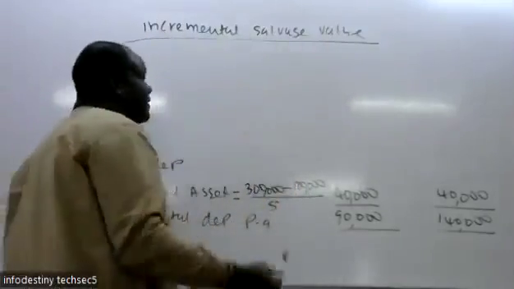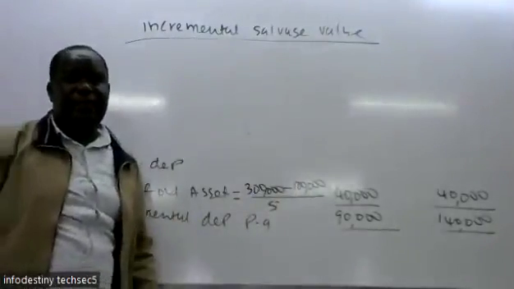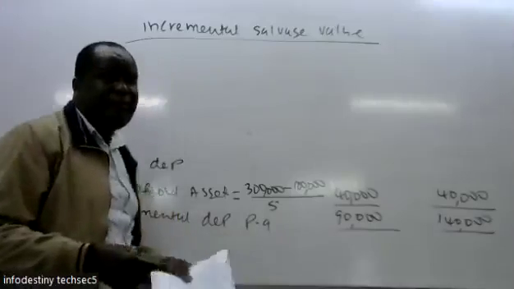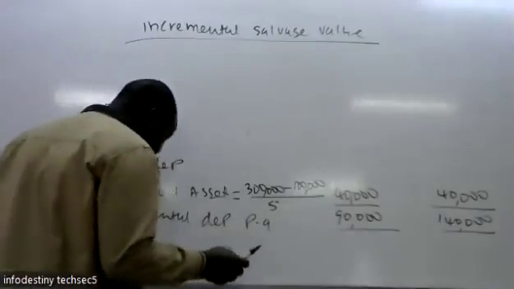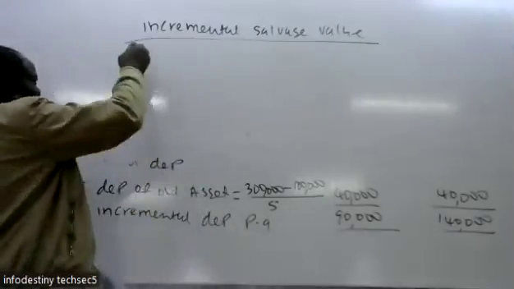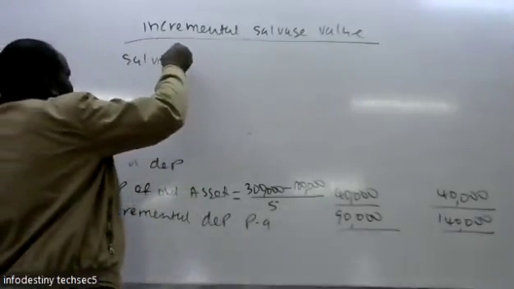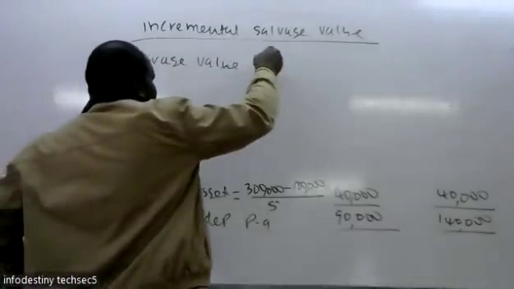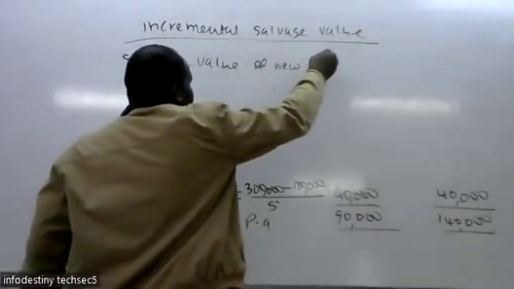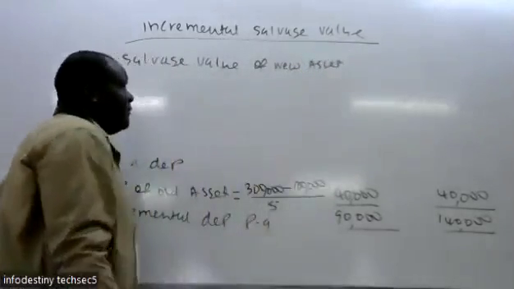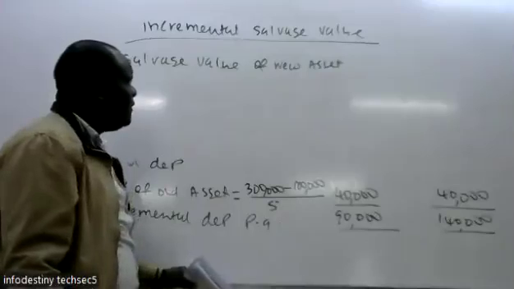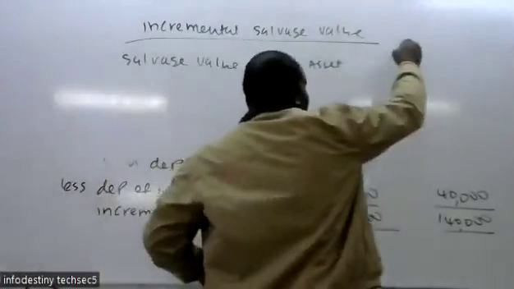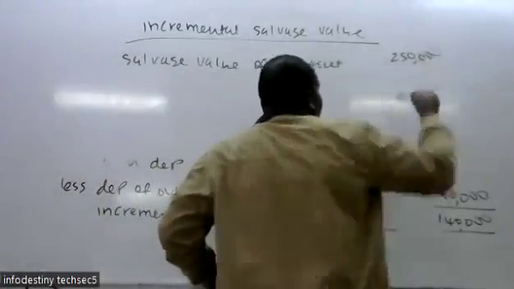Get the incremental salvage value. So when it comes to the incremental salvage value, we start off with the salvage value of the new asset. Remember, it was 250,000.